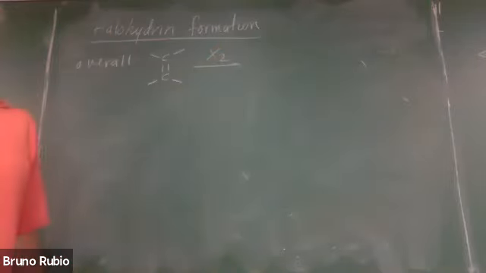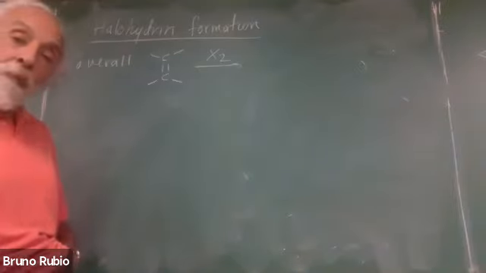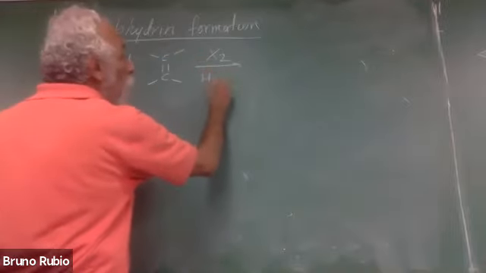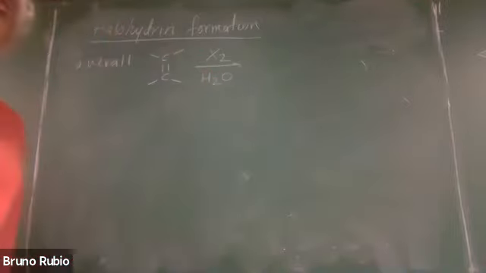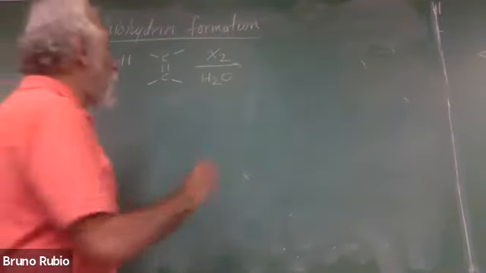And this is going to be either Br2 or Cl2 or I2. But in addition to that, we will have water present as well, right? In the earlier reaction, we didn't have any water. Now we're going to have water.